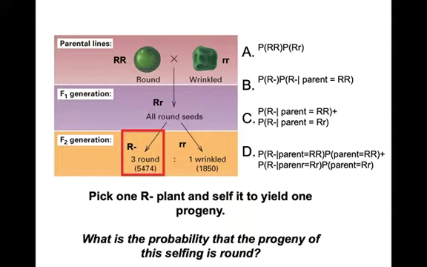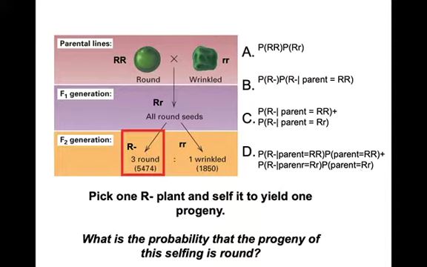Okay, well, the correct answer is D, because the way that you would do that calculation, you would say, what would be the probability of obtaining a big R dash outcome given that you picked this particular parent, times the probability that you in fact picked that particular parent, and you would add that to the probability of having a round outcome having picked this parent, so the heterozygote genotype, times the probability that you picked the heterozygote genotype.